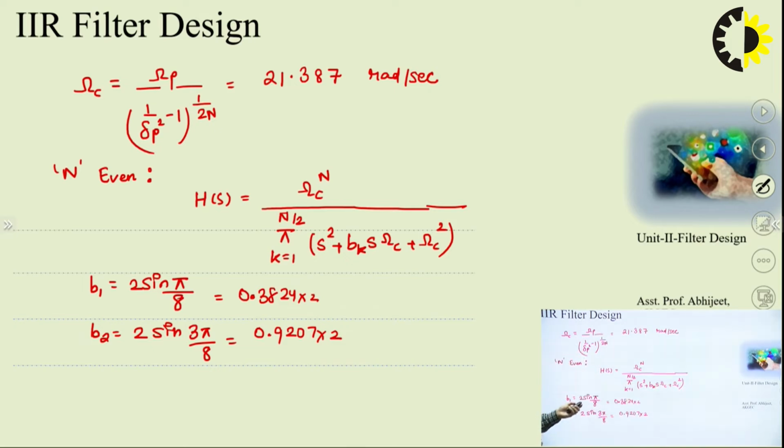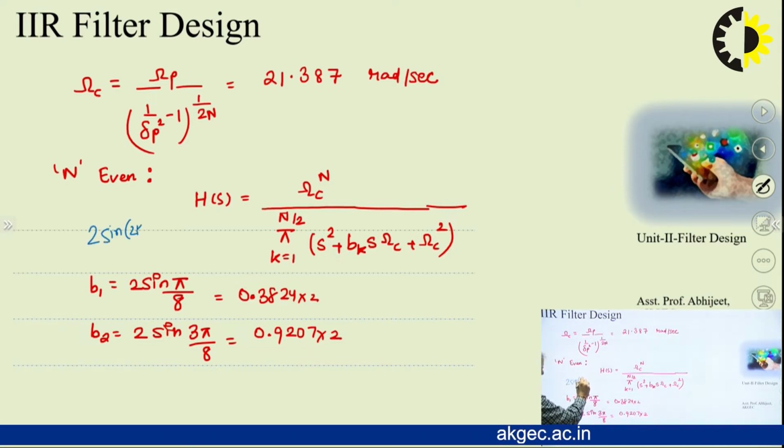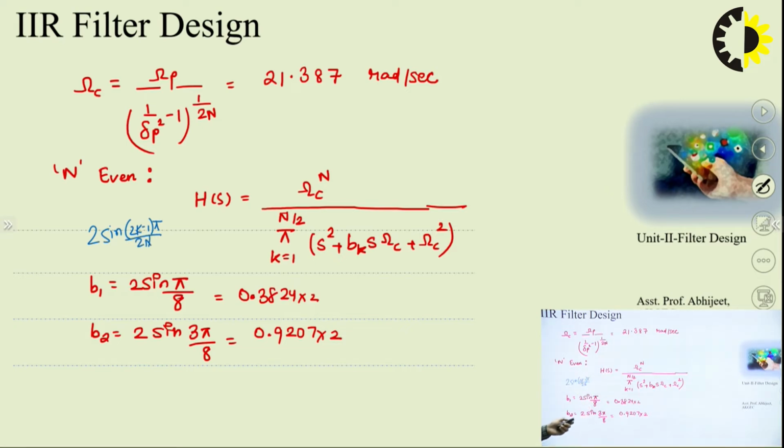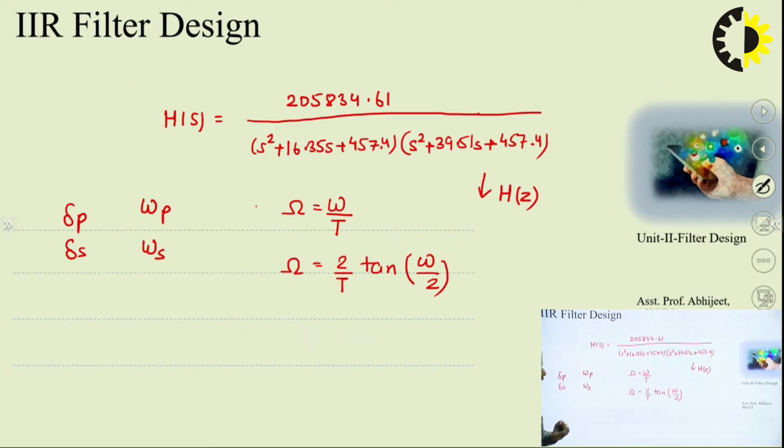So I can just take the formulation for bk, which was, I think, 2 sine of (2k minus 1) pi by 2n. So I can just put k is equal to 1 and 2, and we have b1 equal to 0.3824 into 2 and b2 equal to 0.9207 into 2. Two factors are coming from this. So that has been written explicitly. So if I use this formula, omega c has already been taken care of.